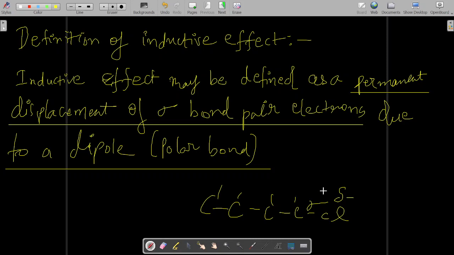Now the thing is that the electrons have not left their orbitals completely. The partial negative charge just means that there is a slight displacement of the sigma bond pair towards chlorine. It does not mean that the carbon has completely donated its electron to the chlorine atom. It is not like that. So we are going to learn that.